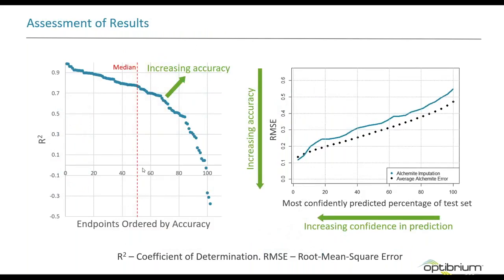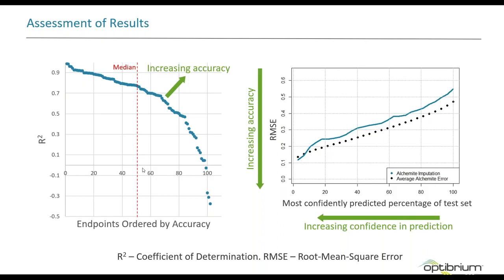And the way we assess results of the Alchemite models is by using two ways. One way is looking at the performance of the model overall, and we can calculate the coefficient of determination as a metric for accuracy for each individual endpoint.